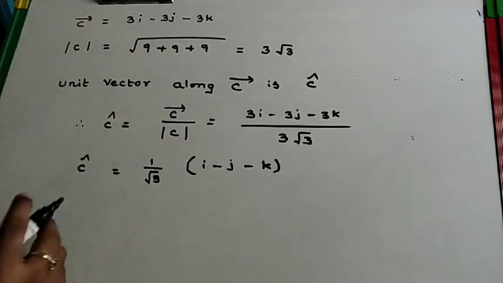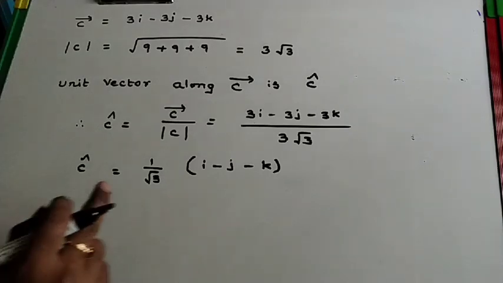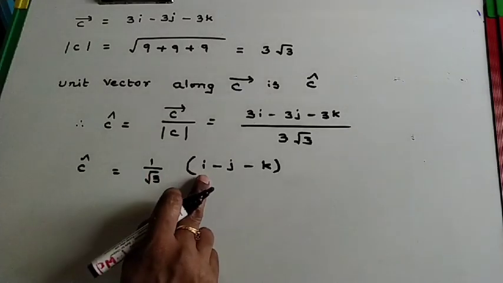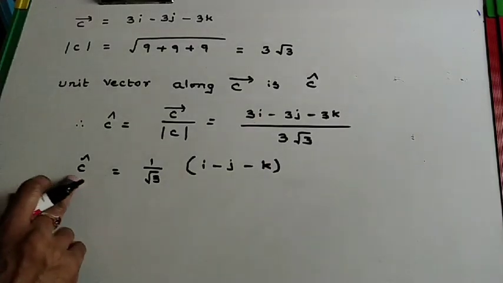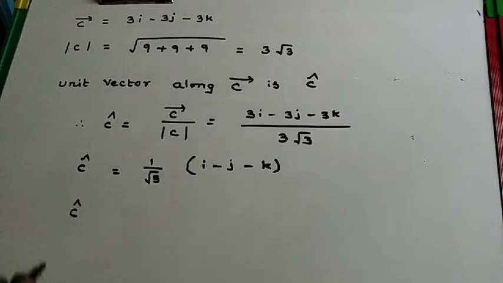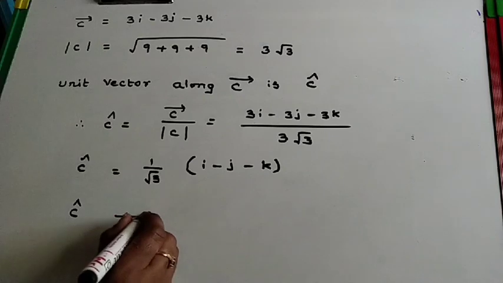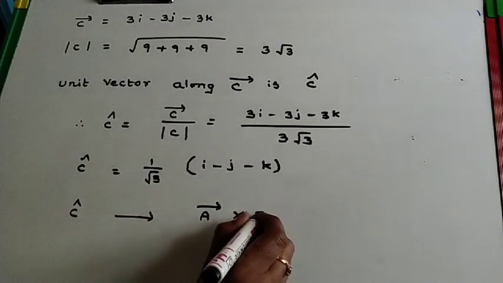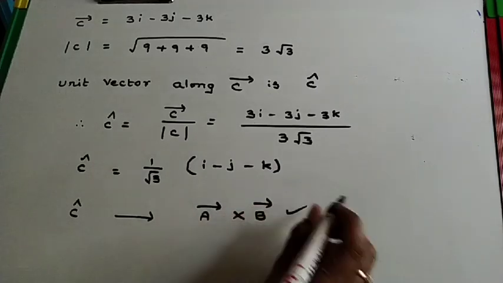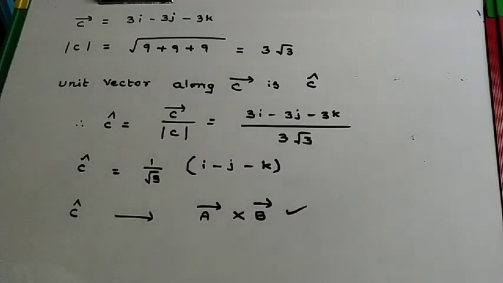Therefore, unit vector C is equal to 1 by root 3 into i minus j minus k. This is a unit vector which is perpendicular to both vectors A and B. We have to solve the numericals like that.